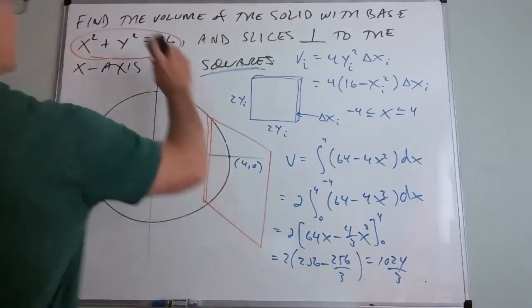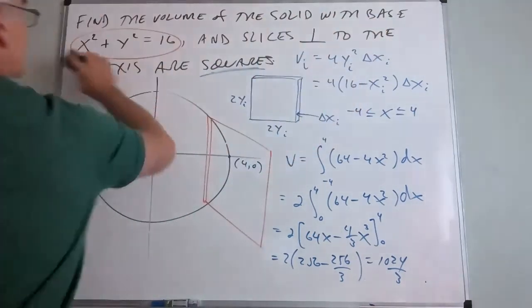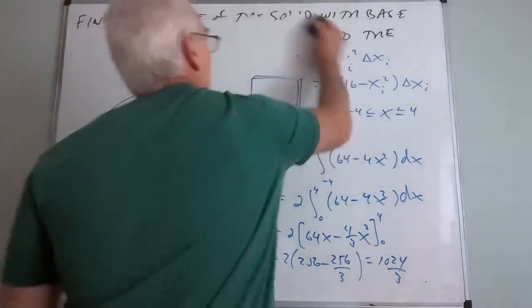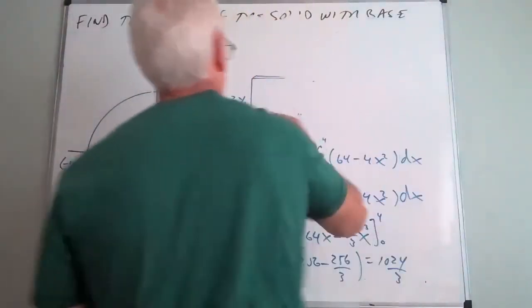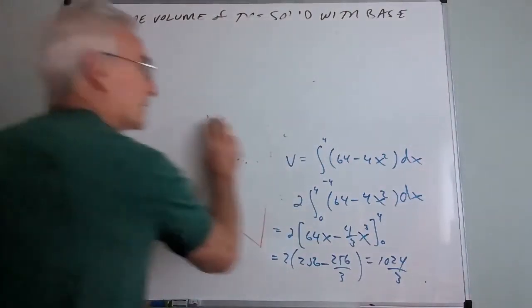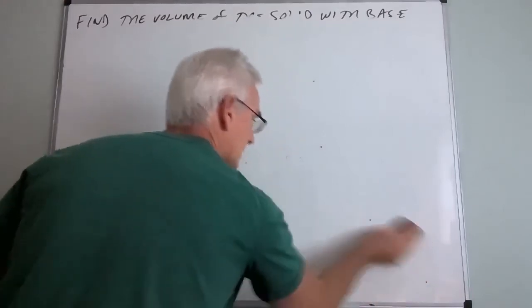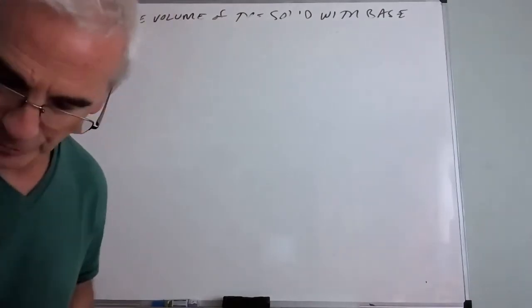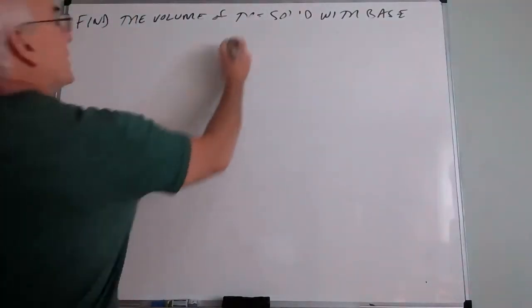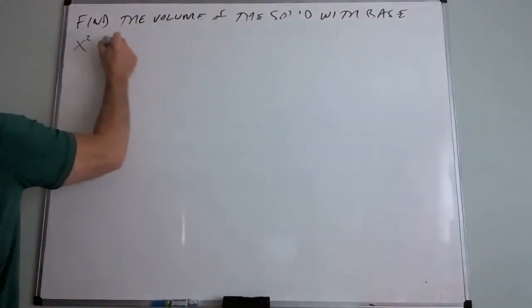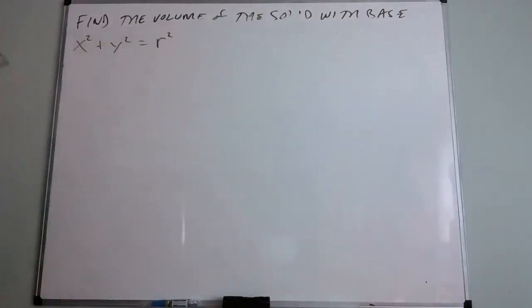Similar problem now. Find the volume of the solid with the base. I will do a similar problem to this one, but it will not be the same problem. Actually, I need to erase everything. Okay. All right, find the volume of the solid with base, let's say this time, x squared plus y squared equals r squared, r being the radius of the circle, r is a constant.